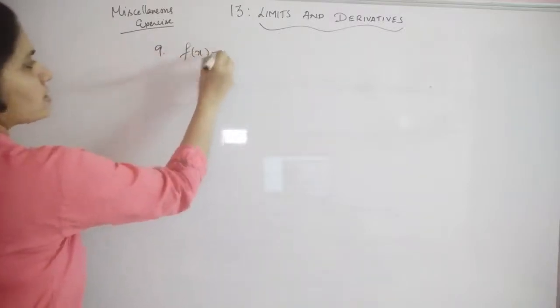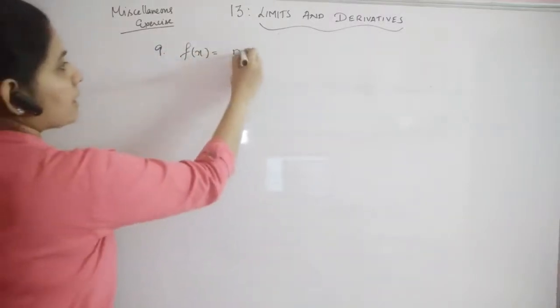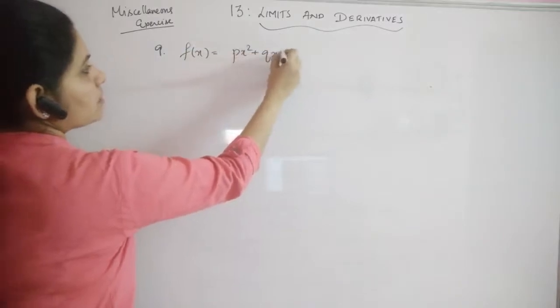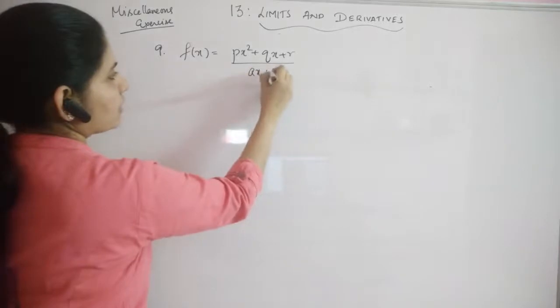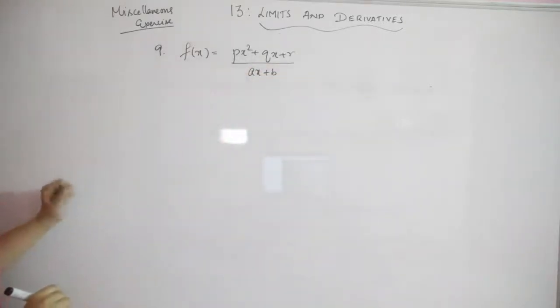f(x) is equal to (px² + qx + r) divided by (ax + b). That is what we have done in the last problem. The reciprocal of that is given in the question.